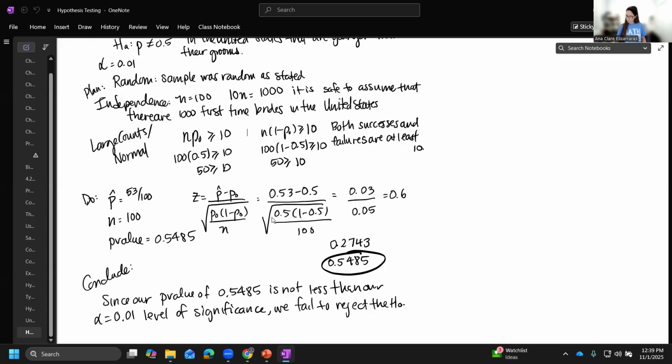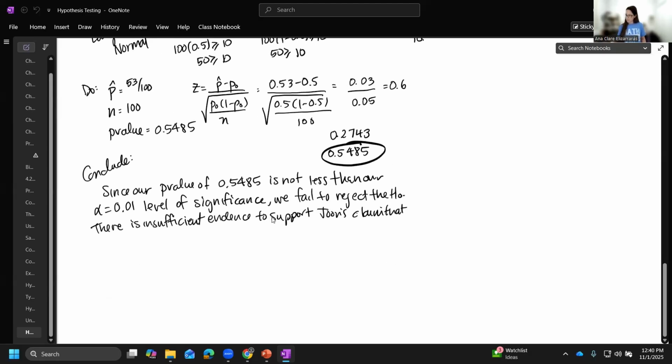Okay. There is insufficient evidence to support the claim. What's the claim? We want to give it in context. And it is that it's different.